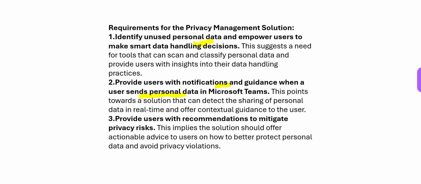Do you really want to do it? It will alert. The third thing is provide users with recommendations to mitigate privacy risk. That means you have to give a solution which offers actionable advice to protect personal data.